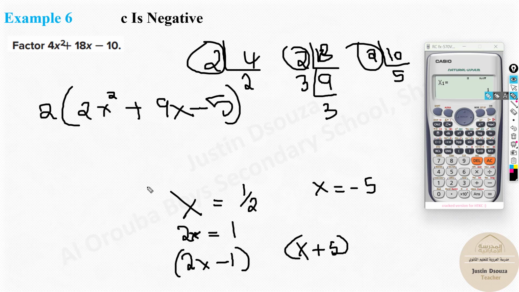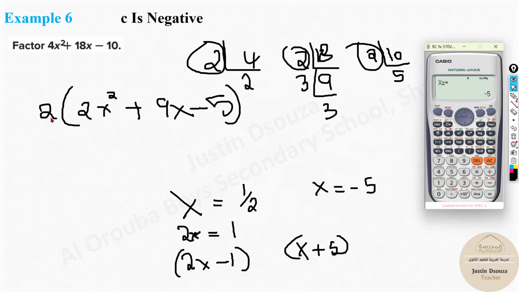Again, I'm going to get x is equal to half, which is written over here, and x equals minus 5. Why? Because they are equivalent equations. You're just multiplying. Equivalent equations have the same solution. If you recall maybe the first or second lesson, we had seen that equivalent equations have the same solution. This is important. So you simplify the equation to the lowest form and then put it in your calculator and solve. Otherwise, you'll get an error.